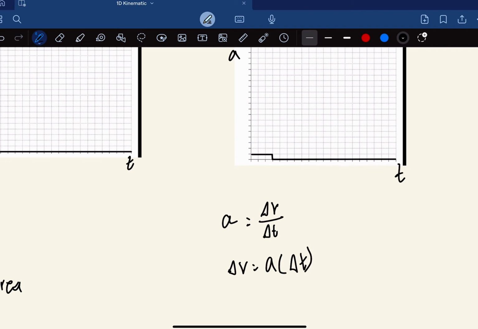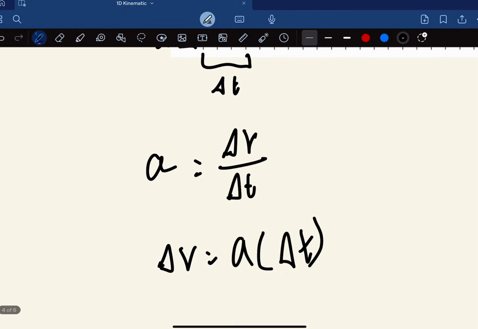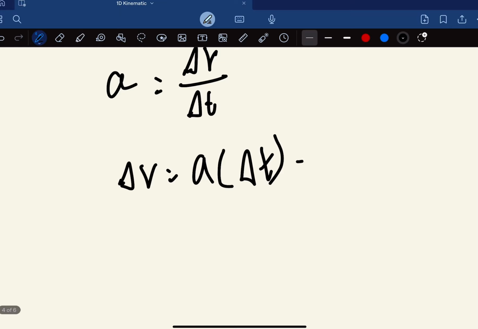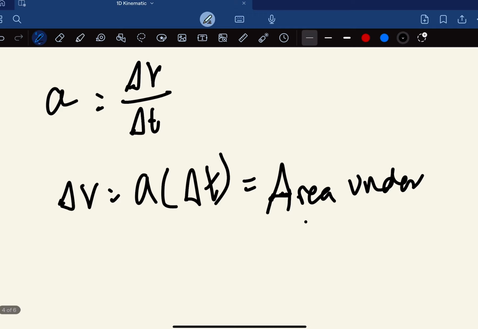And this represents delta t, and then this represents a. So our change in velocity is equal to the area under the curve of an a versus t graph.